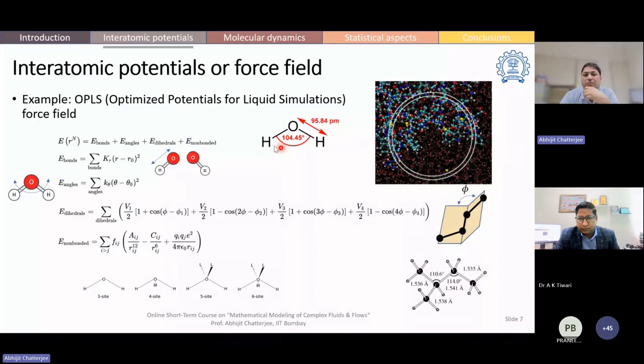Yeah, so you can imagine taking this water molecule and twisting it in different ways. The angle part considers this angle between the HOH, with O at the vertex, and that is one particular angle which you may have. When you twist the water molecule, the energy of the water molecule will change with the hydrogen and oxygen positions.